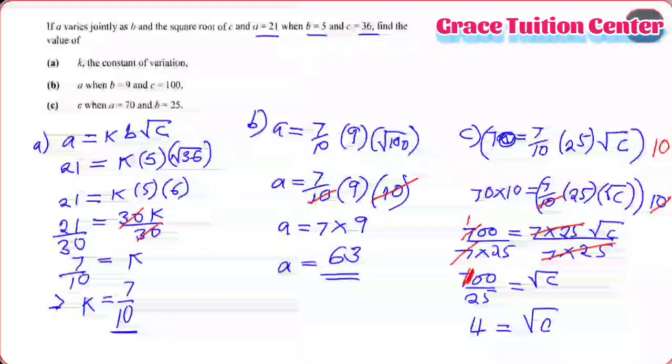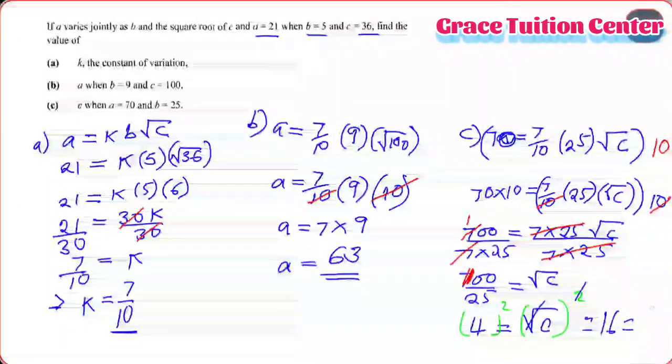So for us to get the value of c, we have to square both sides. Once we do that, we observe that the power 2 will cancel with that root. So meaning that we remain with 4 to the power 2, which is 16, equals c.